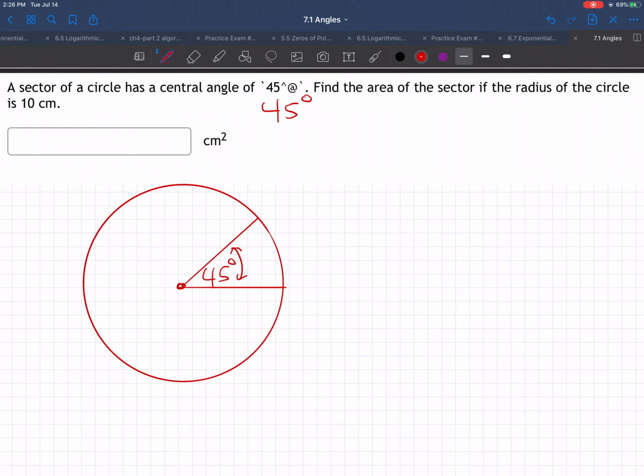So two things we've learned. There's a formula we got earlier for this, right? And that's the arc length.